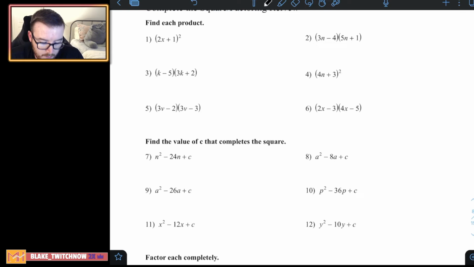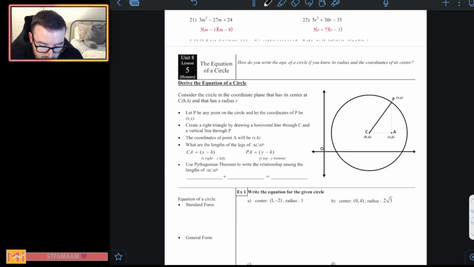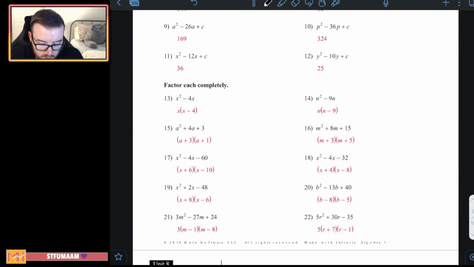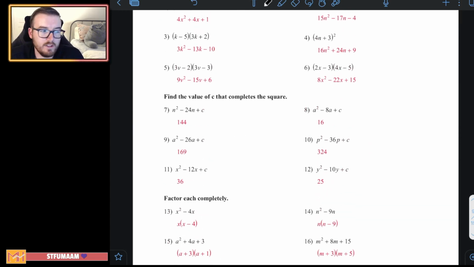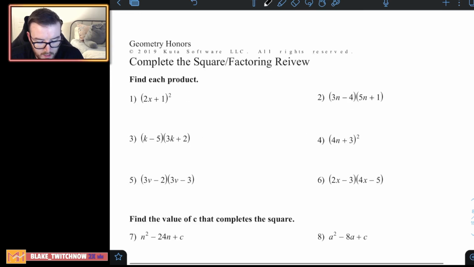So we're going to tease the next lesson by doing this today, then we'll do it again at the beginning of next lesson, and then we'll really dive into the next lesson. The solutions are already here, so it's no secret what we're doing.